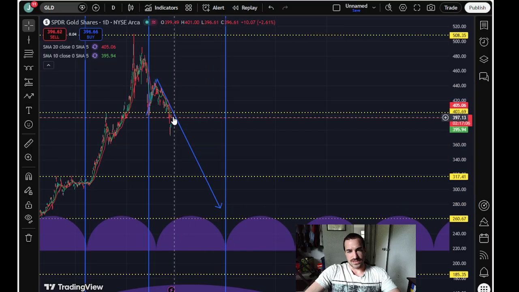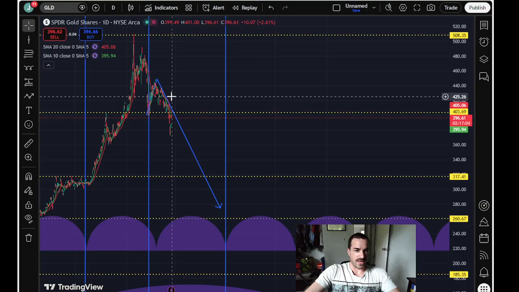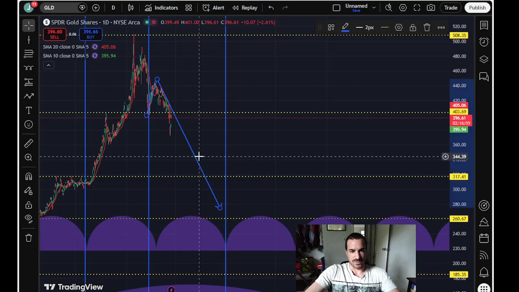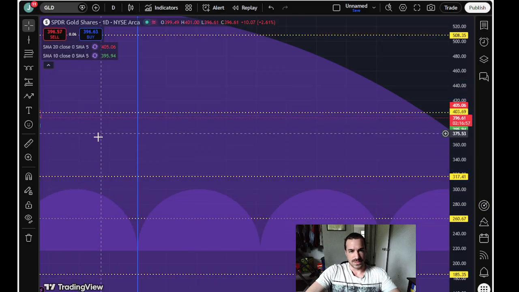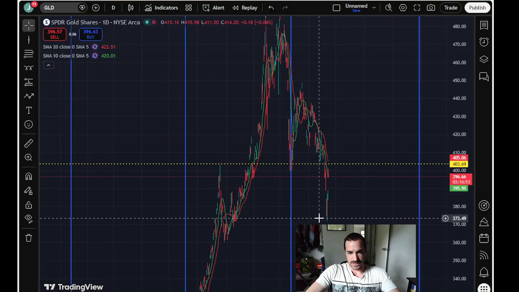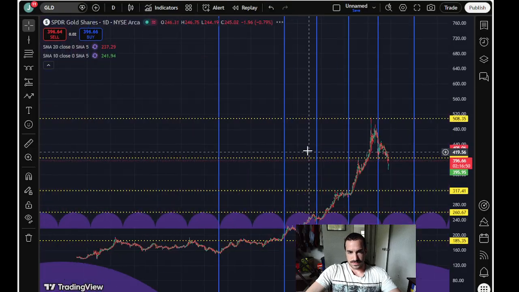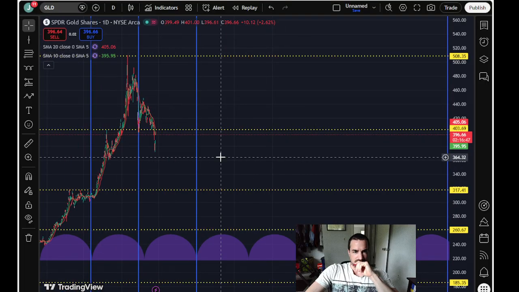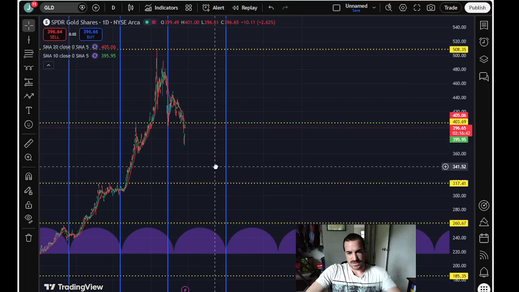So looking at this, I would probably be negative biased on GLD for the remainder of the semicircle. So I would be shorting any pop. And that's maybe what I did today on this pop. So that's what I'm seeing there.